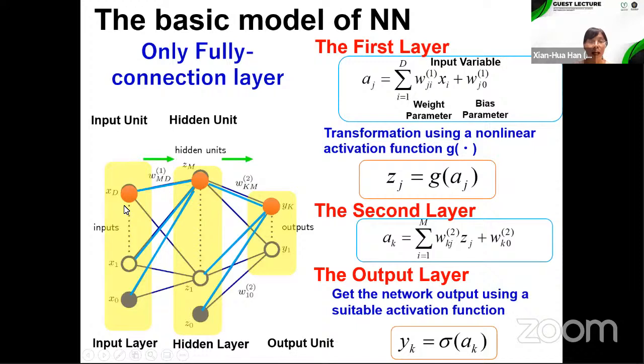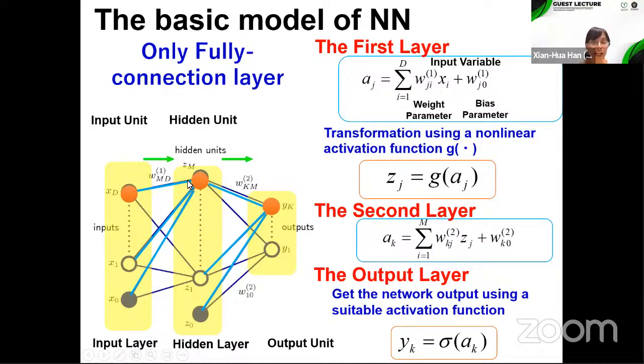As mentioned in the definition, we have the input for each neuron. There are m values. The unit of the second layer, the hidden layer, is connected with all the input units.